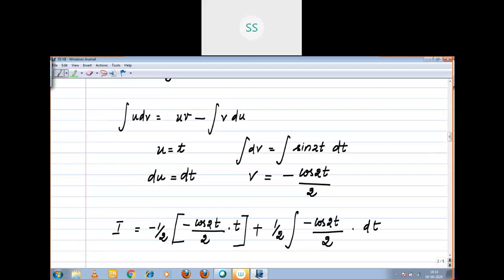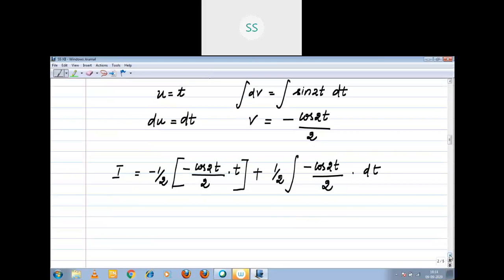Got it, children? Did you understand what I am doing? In the formula you have minus, so minus into minus is plus, and v you got as negative. Now 1 by 4 into t into cos 2t. Here minus 1 by 4 into integral cos 2t dt.